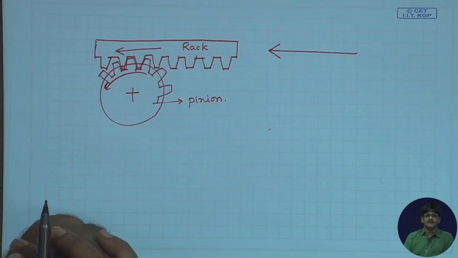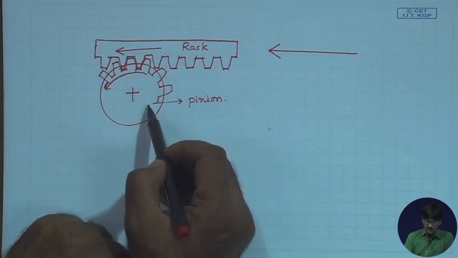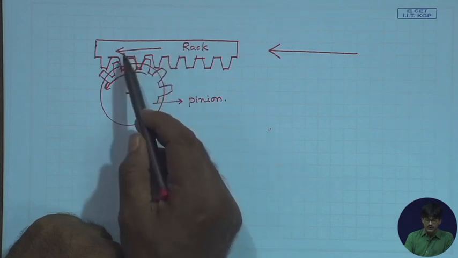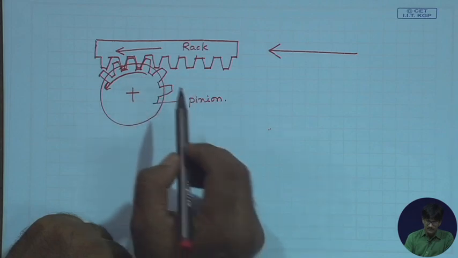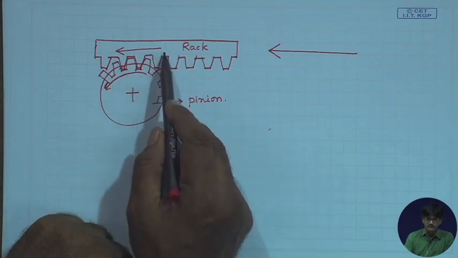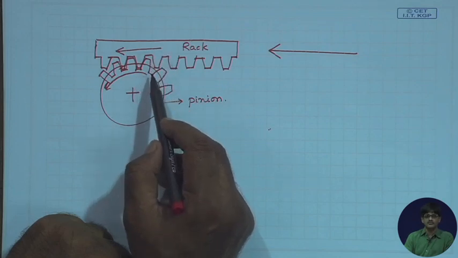With the help of this mechanism, which is basically a gear pair, we can have rotational motion converted to straight line motion. Naturally, if you can convert rotational motion to straight line motion, you can also convert straight line motion to rotational motion.